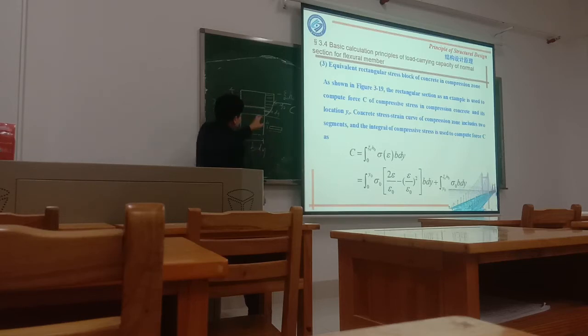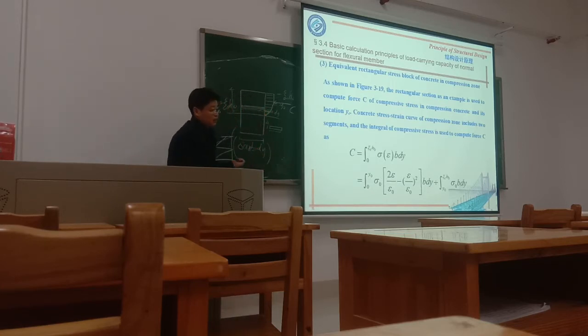You know the area, you know the stress sigma of epsilon, then multiply them. This is the force in this small area. For the other parts, it's the same, so let's make this integral. You divide it into many small parts and sum them together. Actually, integration equals summation.